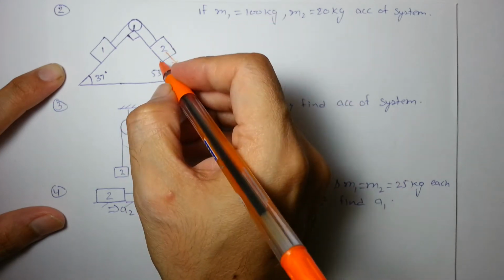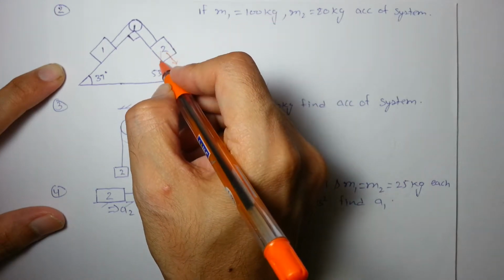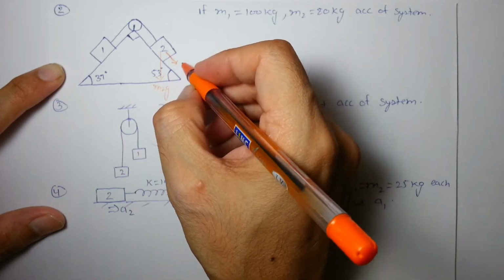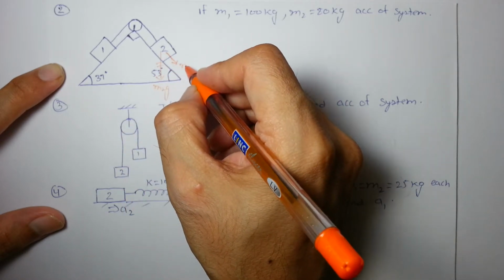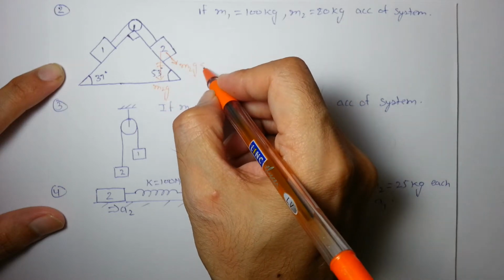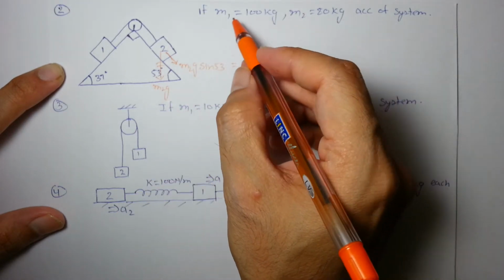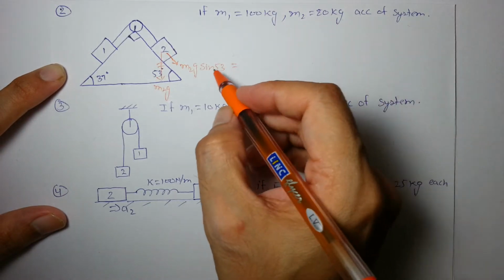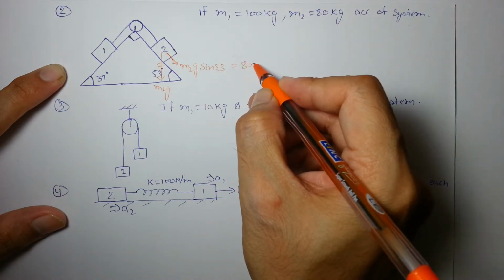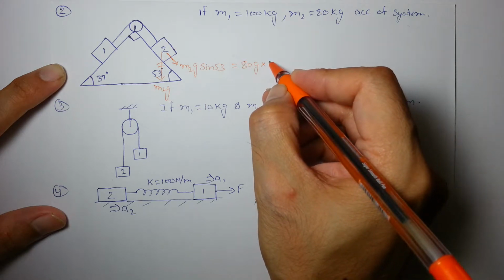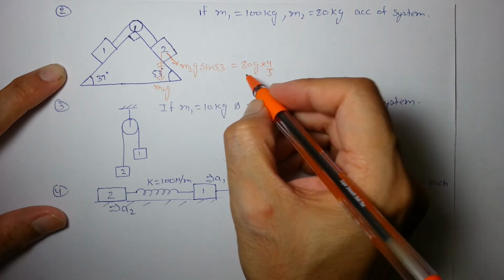This will be m2g, but the component of m2g that will come here is m2g sin 53. Just by equating the values, m2g is 80g into sin 53, which is 4 by 5, so we get 64g.